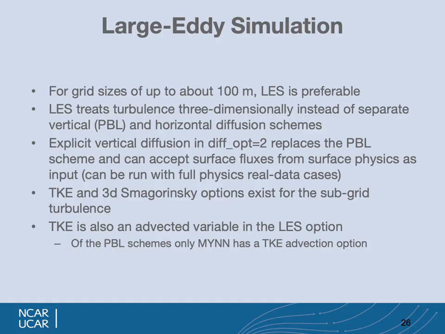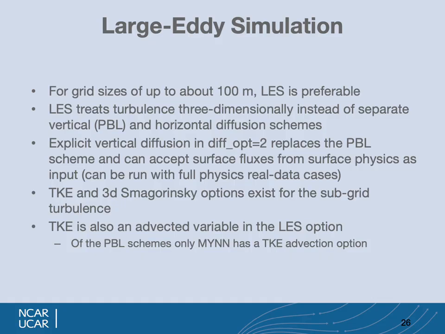We have two choices for the K coefficient in LES. One is a TKE option with a prognostic TKE equation, and the other is a 3D Smagorinsky option, which is a diagnostic way of computing the mixing coefficient. TKE is an advected variable with the LES option, so it's a prognostic variable that moves with the wind.